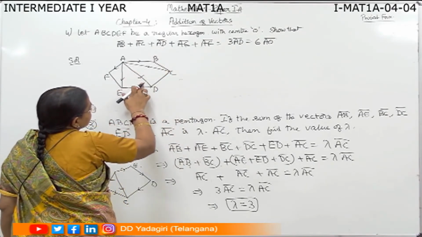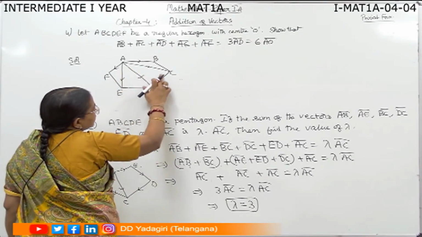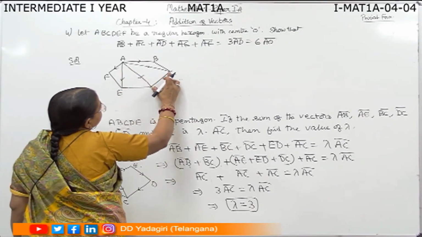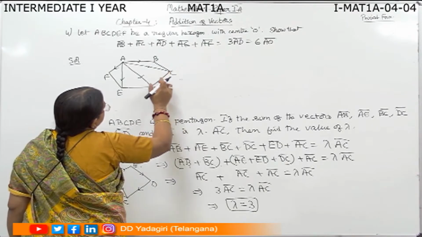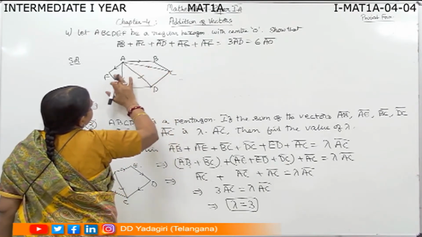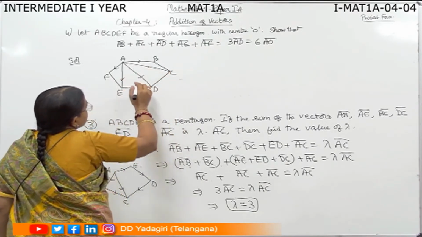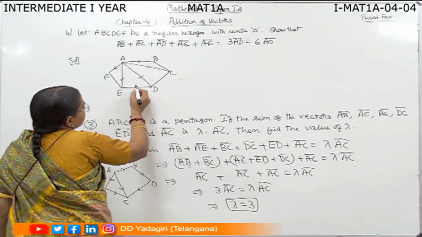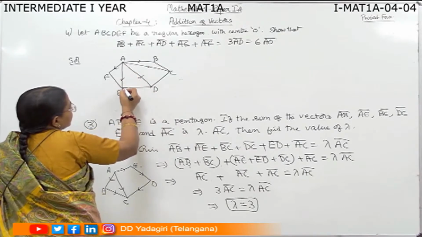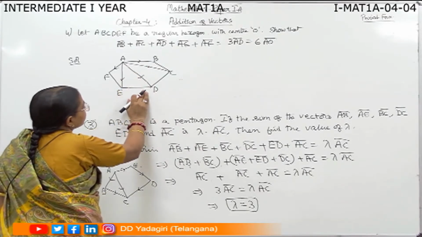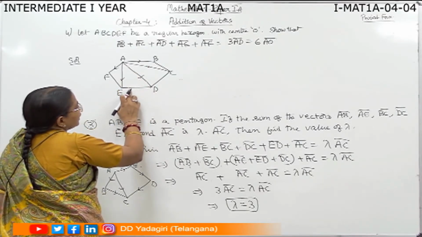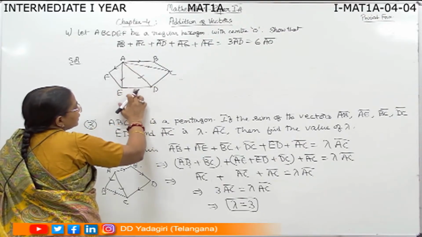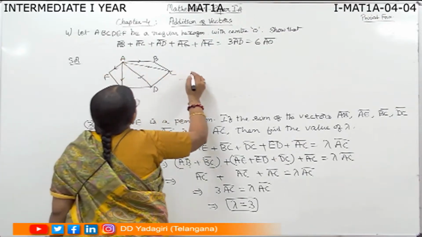Now AD is actually equal to AC plus CD, but CD is not given. Instead of CD, we are given AB and then ED. AD is equal to AE plus ED. ED is not given, so we'll write AB as ED.